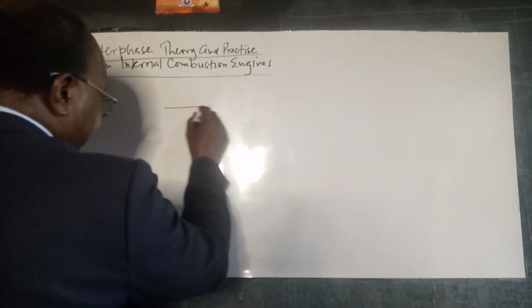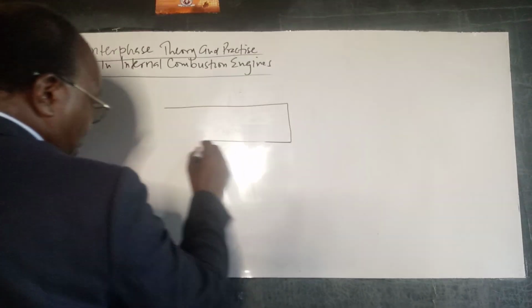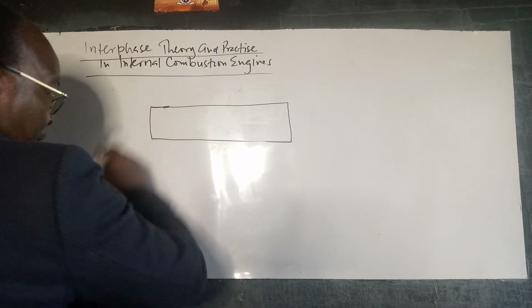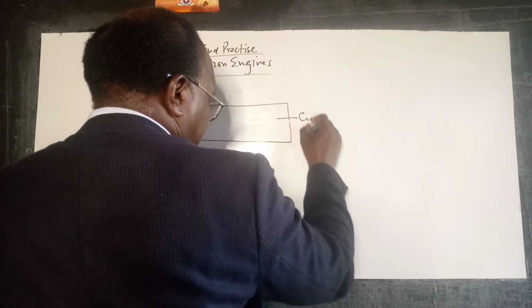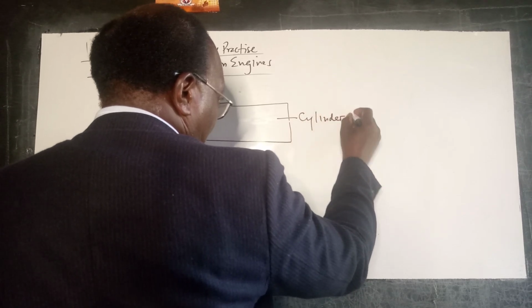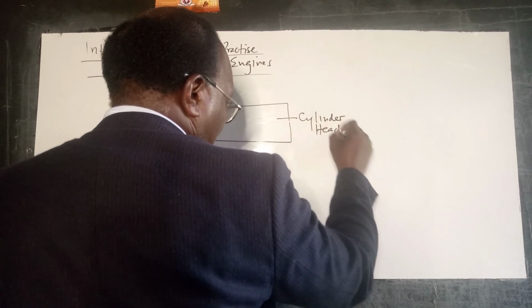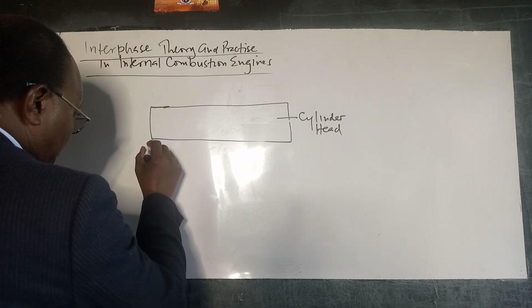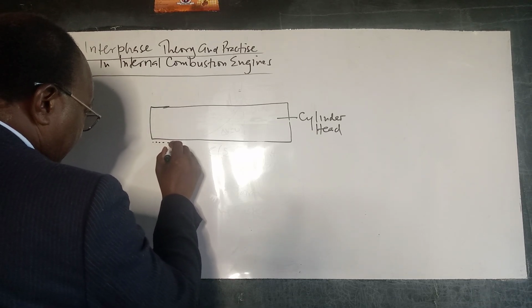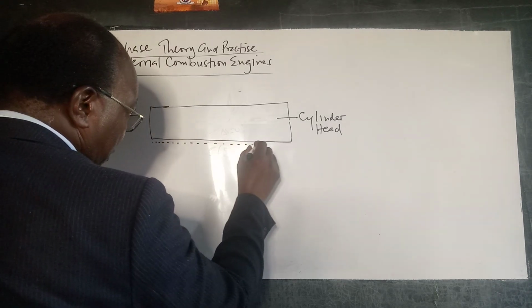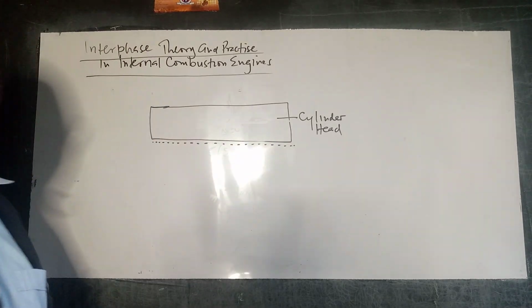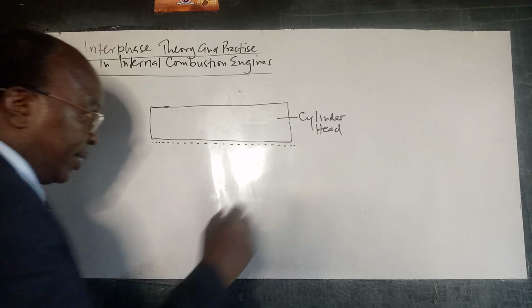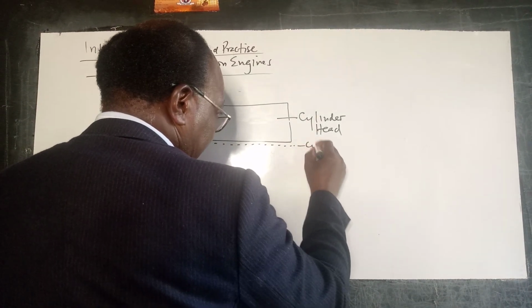We have the cylinder head. Then here we have a very important item called the cylinder head gasket.